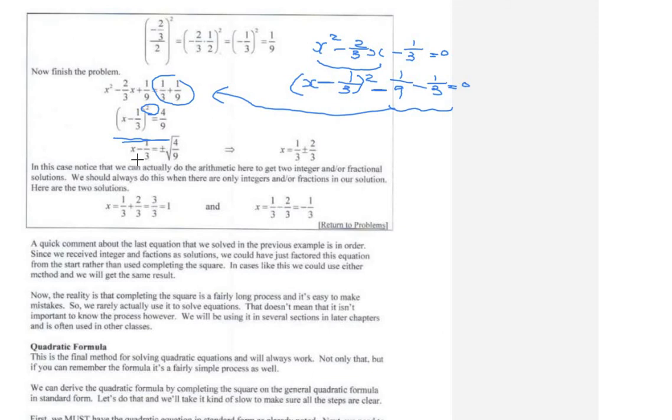So in the end, we can move the minus 1/3 to the other side. So therefore, our x is just going to be the 1/3 plus or minus the 2/3, and we are done. Okay, so that is how we complete the square.